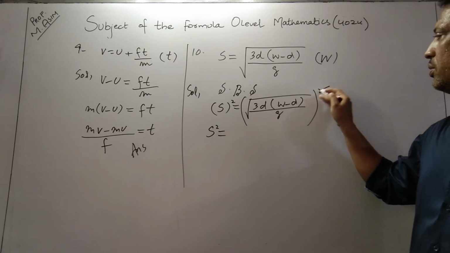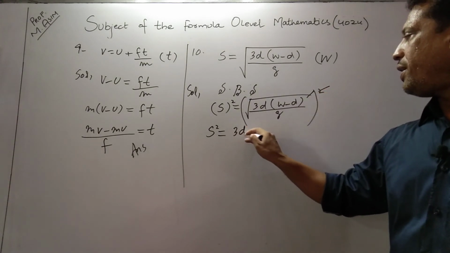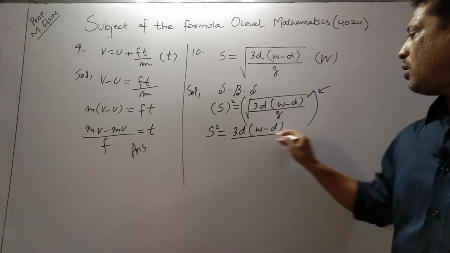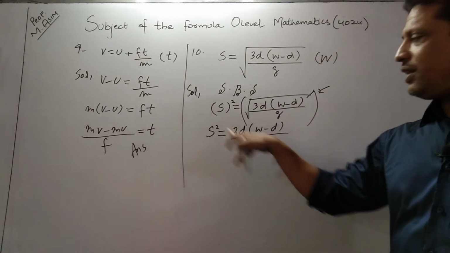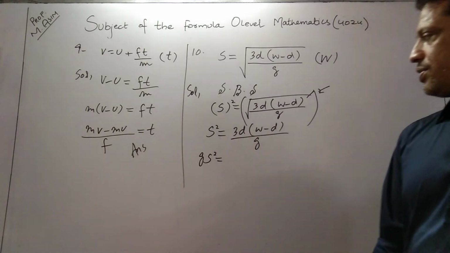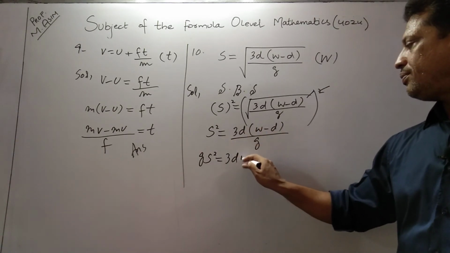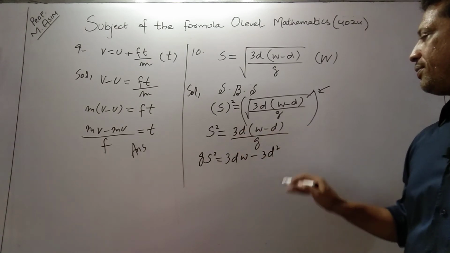Square and root cancel each other. The remaining is 3D(W minus D) upon G. This G is divided, so this should multiply: GS square is equals to 3DW minus, and 3D into D, 3D square.